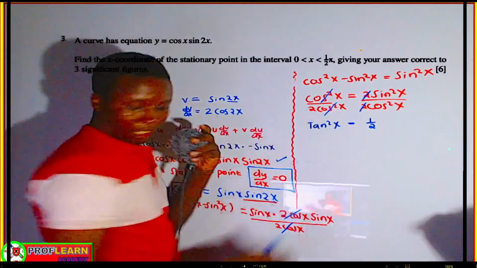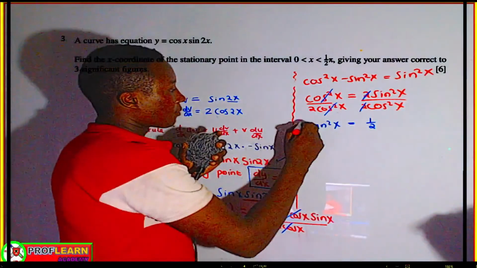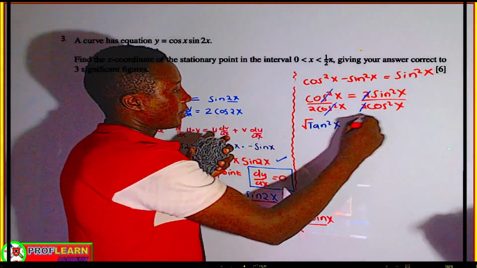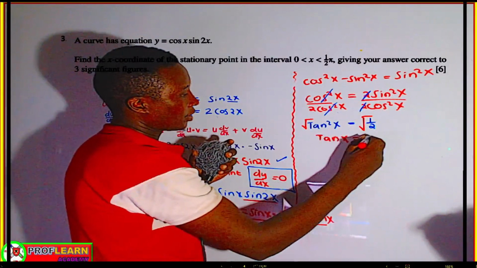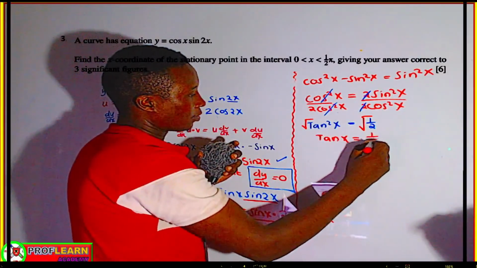Then I can find the square root of both sides, and I remain with tan x equals 1 over root 2.